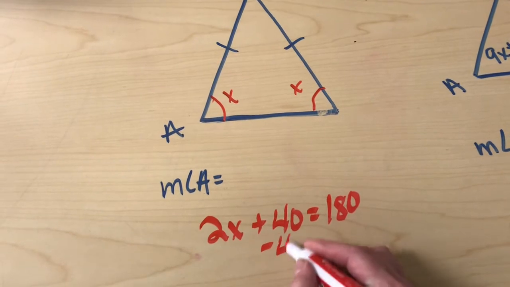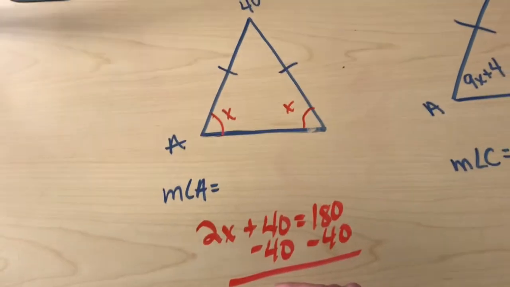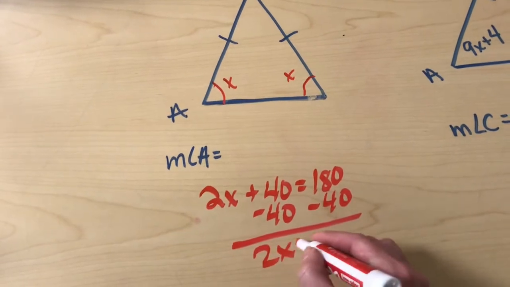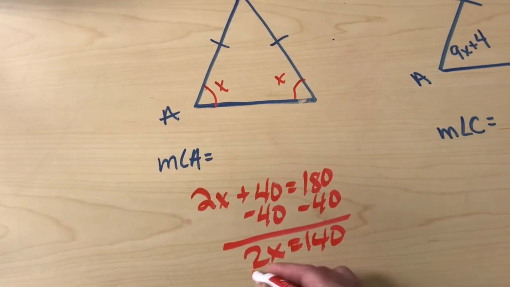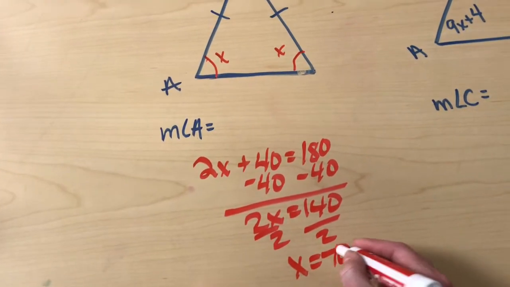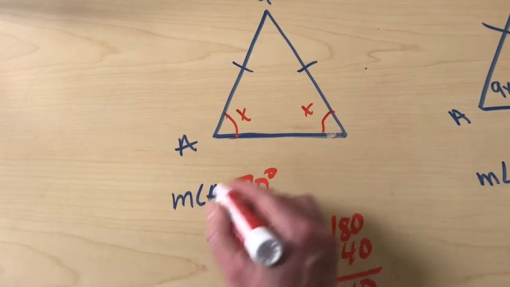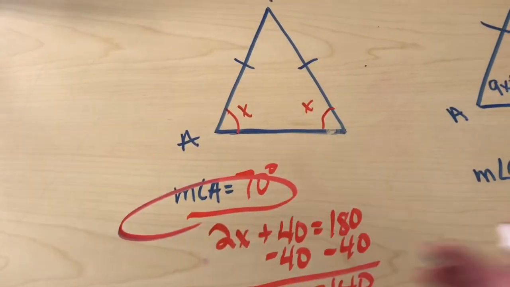I could subtract 40. And I could say 2x equals 140, divided by 2, x equals 70. So that means each of these is 70 degrees. So the measure of angle A is 70 degrees.